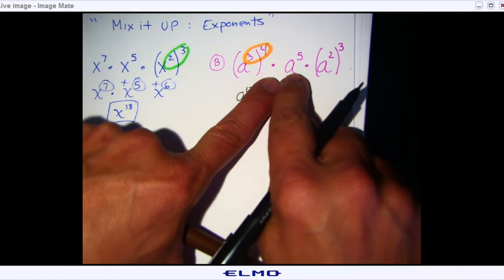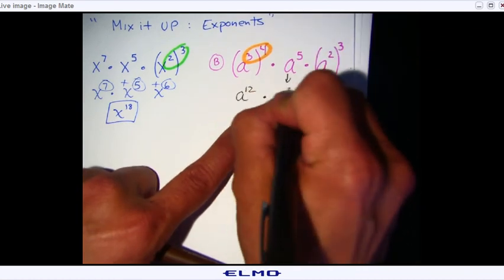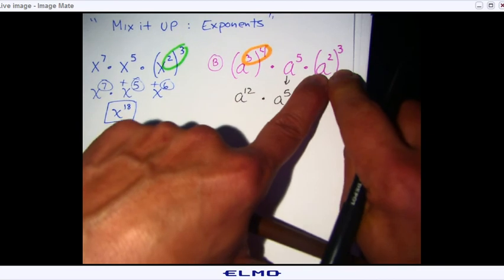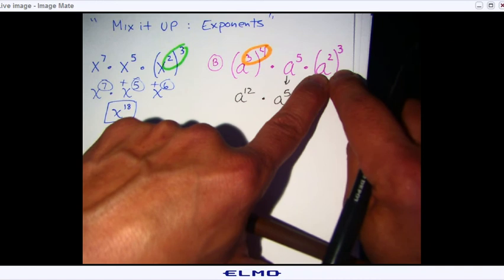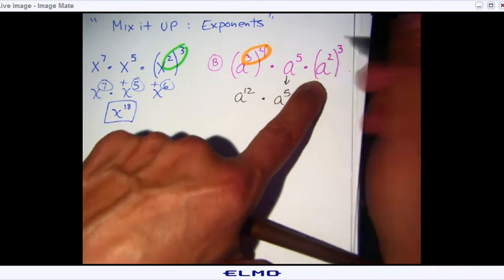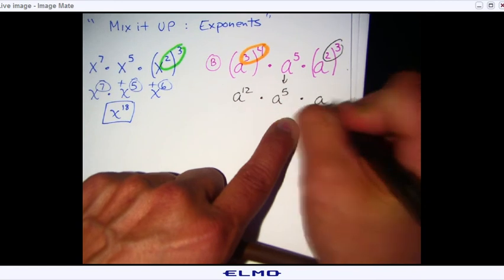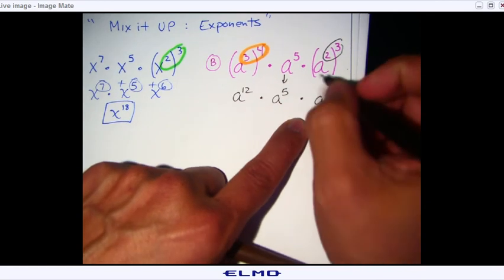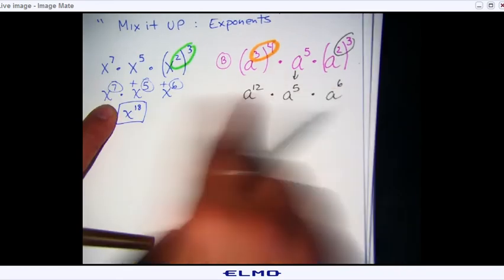Now, a to the 5th doesn't have anything, so I'm just going to drop it down. Now, a to the power of 2 has a power of 3. James, if I multiply these two, what do I get? A to the power of 6. Very good. Now you see how it's all laid out.